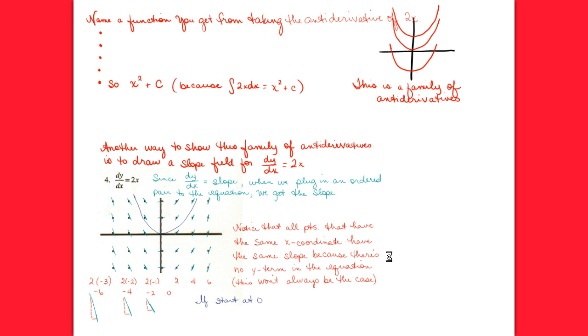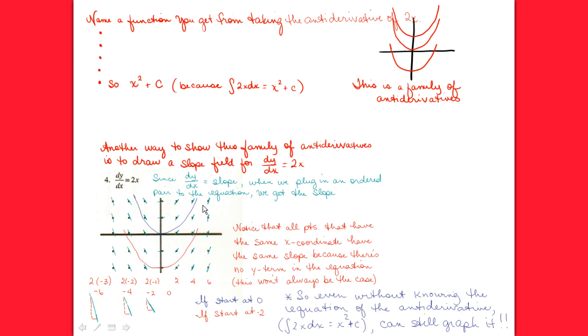Oh, sorry, one thing. If they had told me to start at 0, then I would have started at 0 and I would have followed that slope field or that direction field. If they had told me to start at -2, I could have done the same thing. So here is the powerful thing about a slope field.